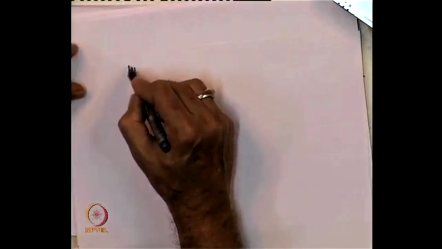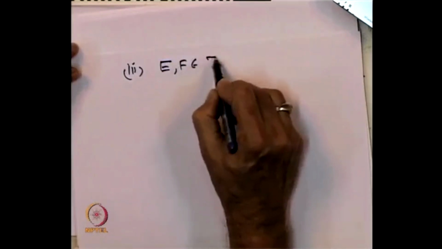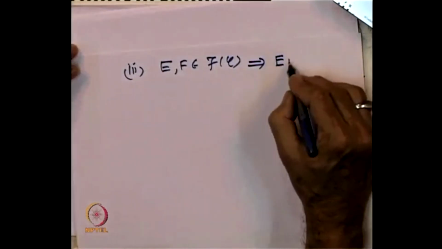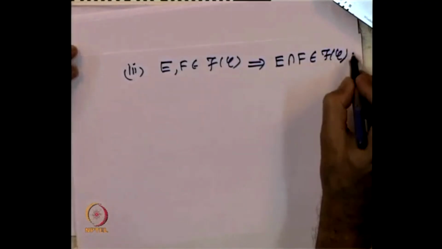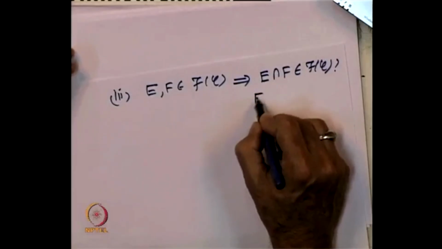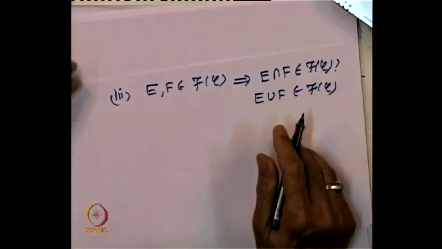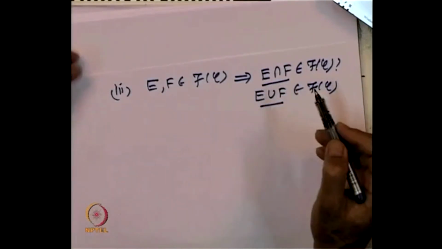And let us show the third property, namely that if E and F belong to f of C, then that implies their intersection also belongs to f of C. Or equivalently, this is equivalent to saying that E union F belongs to f of C, because we have observed that from union you can go to intersection by complements, because the class is already closed under complements.